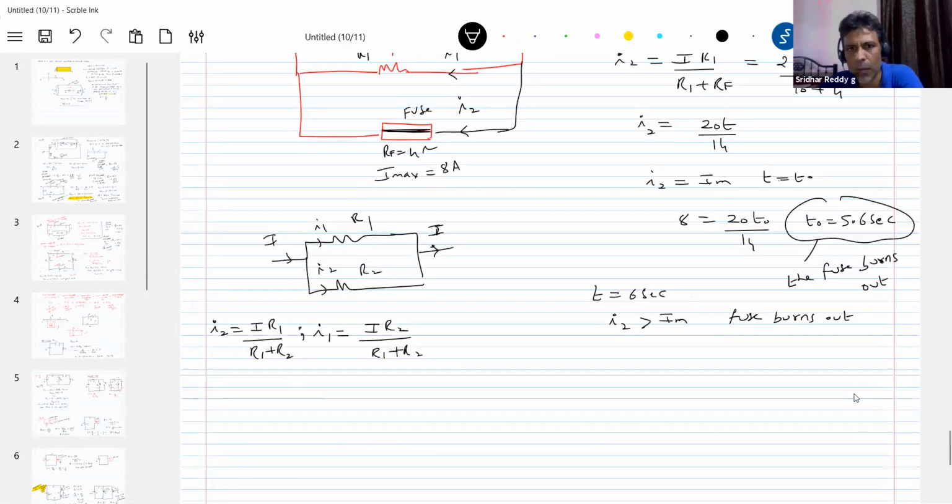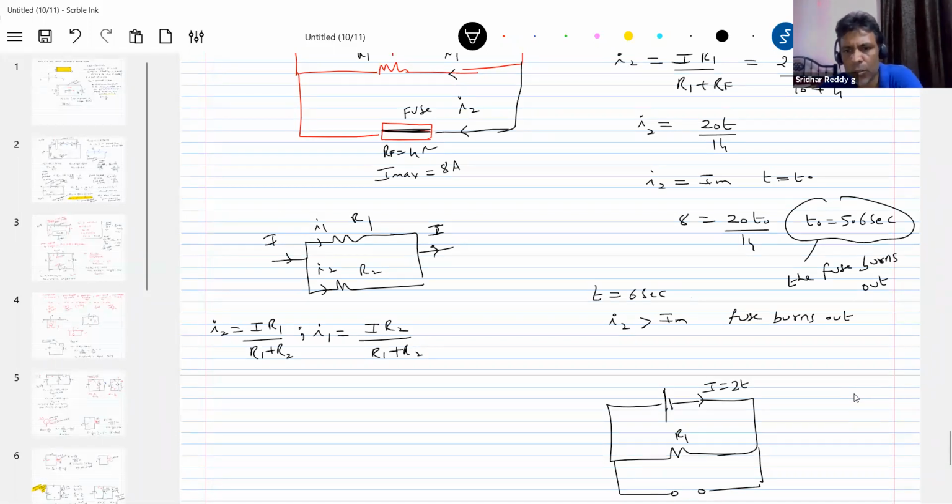In place of the fuse, you should replace it with an open circuit. So only this resistance R1 is there, and there's a current. Calculate that at t equal to 6 seconds. So all the current will pass through this one only, no? So I is equal to 2 into 6, 12 ampere.